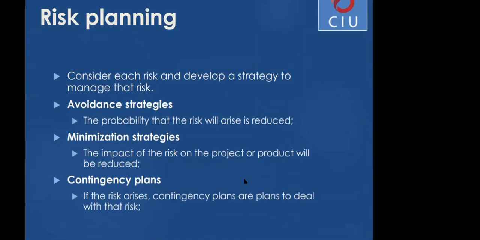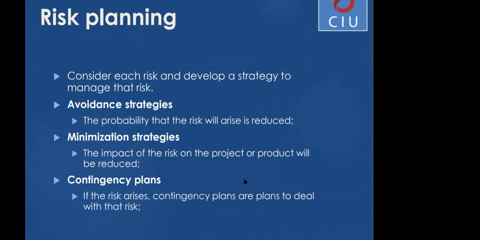Once we have analyzed the risk, so we have decided its probability and consequences, we need to develop a strategy for what we can do about this risk. Can you avoid the risk? Can we take precautions to minimize its effect? Can we do something about it?